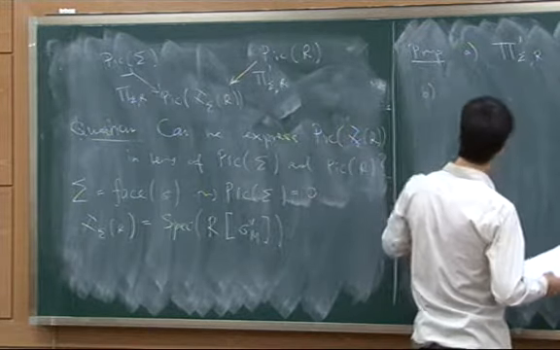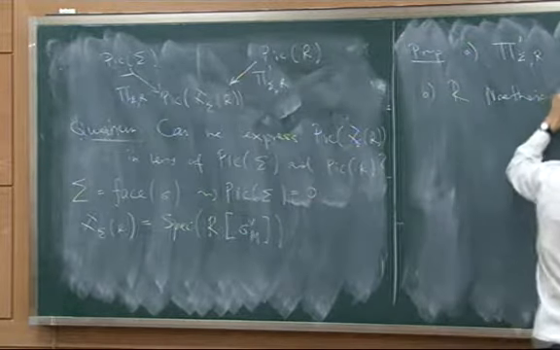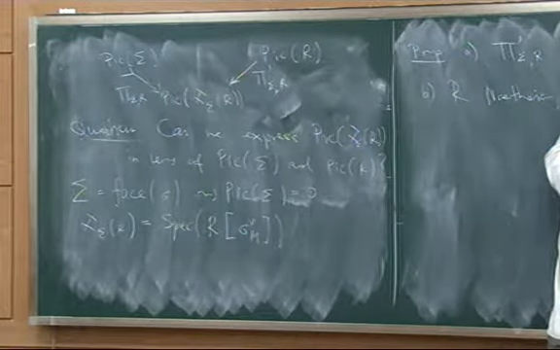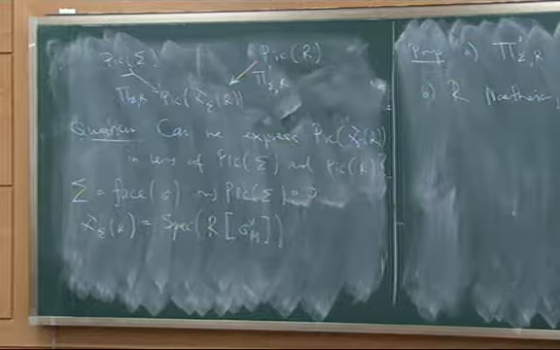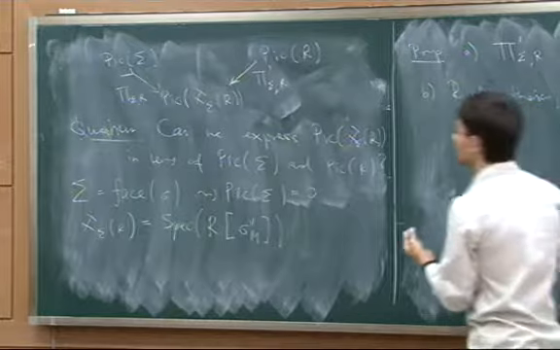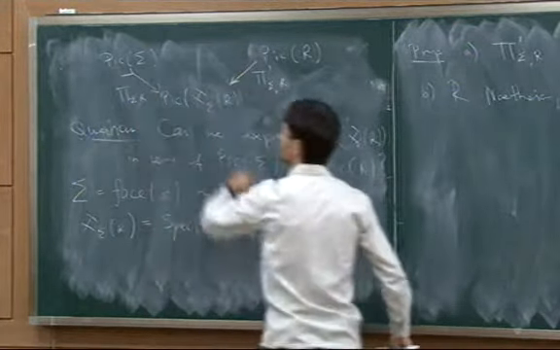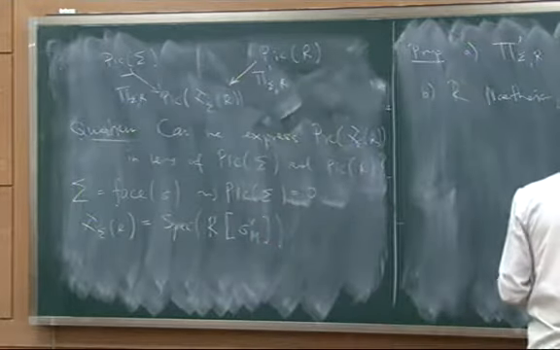And the second one, if our ring is Noetherian, integral and integrally closed, then this is an isomorphism. So now, with this result, it is easy to come up with examples such that this is an isomorphism or it is not an isomorphism.